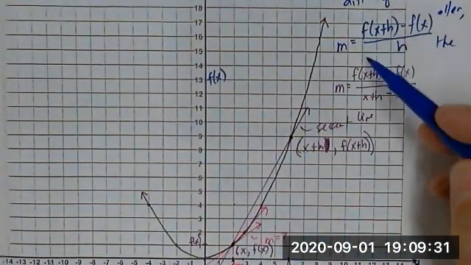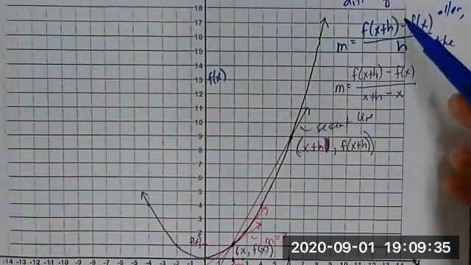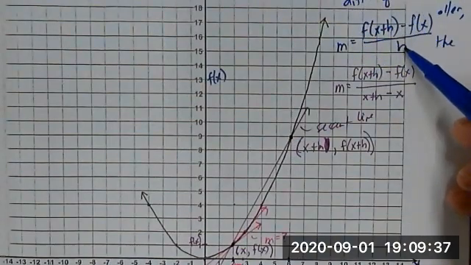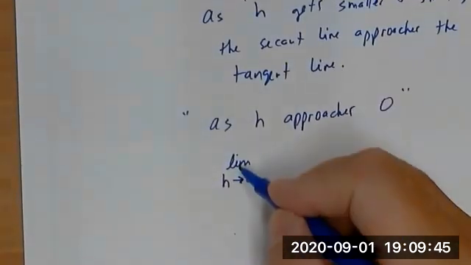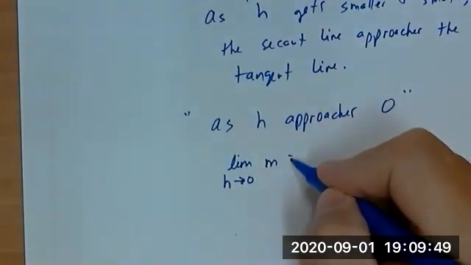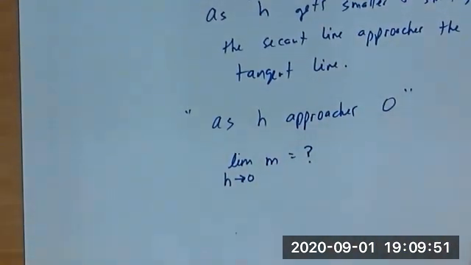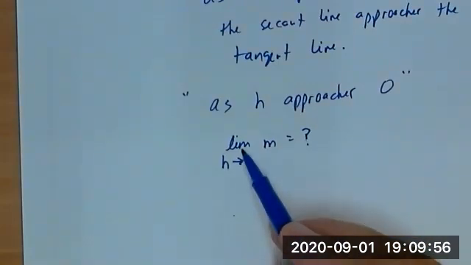What I really want is to find the slope when h is as small as possible. So I want to know what the slope is when h approaches 0.